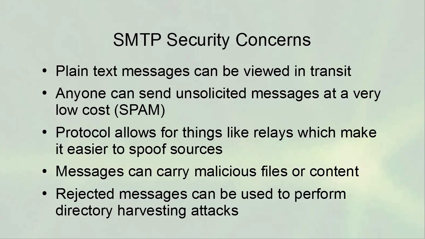And there are other things they can do to try to filter things out. Also, the protocol allows for things like relays, which make it easier to spoof sources, so you can send mail messages through a server. Most mail servers now are configured by default to not allow relaying, but relaying is still possible and it can still be turned on.